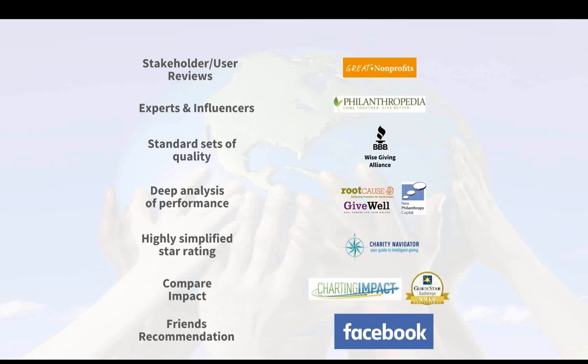There's looking at experts and influencers. One of the ways that's done is through Philanthropedia, which is an expert-sourced giving guide. There's standards of quality, like the Better Business Bureau Wise Giving Alliance. And more deep analysis, some simplified star ratings, some impact comparison, and then of course your peers again.